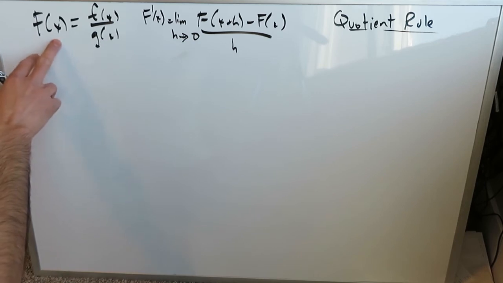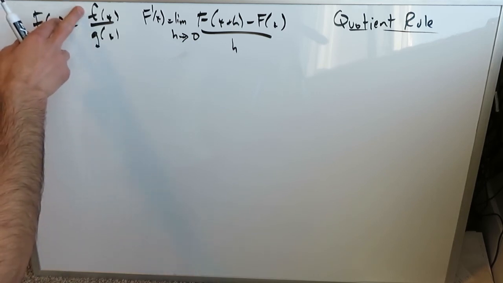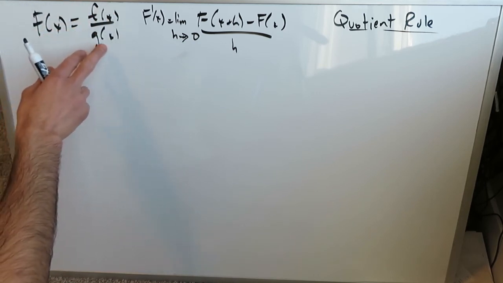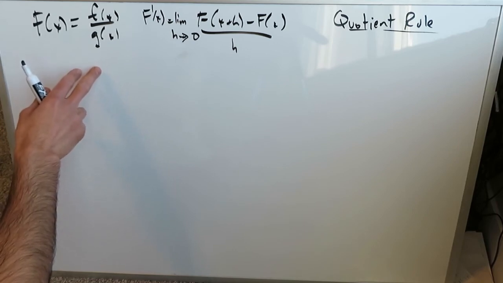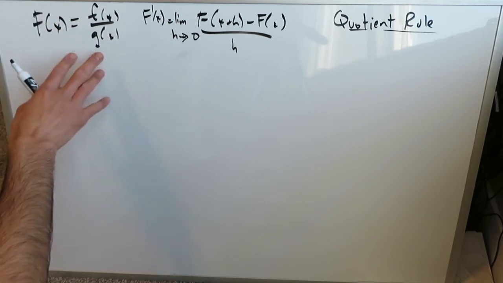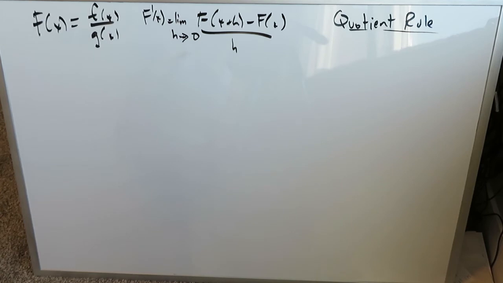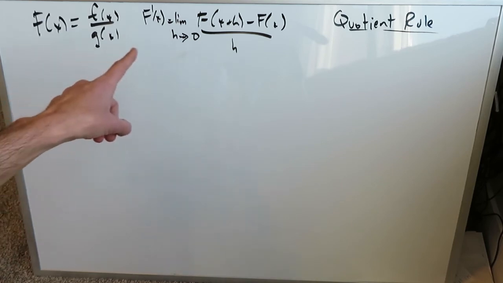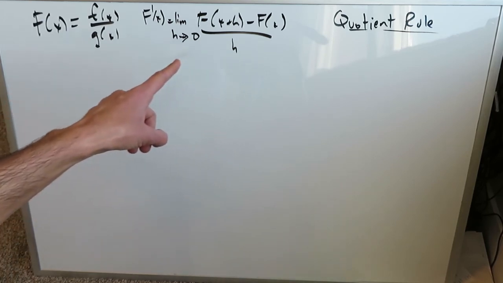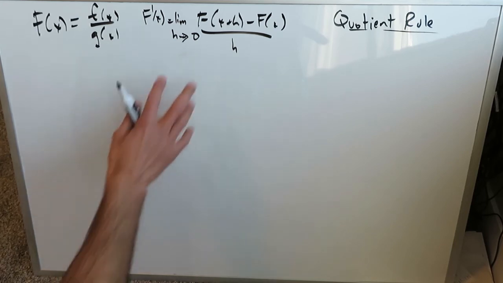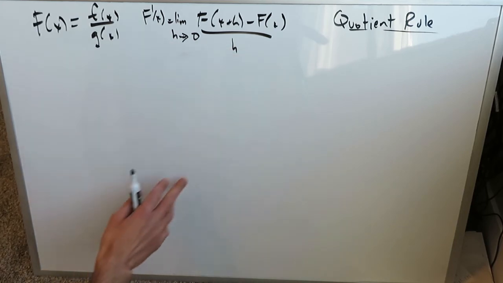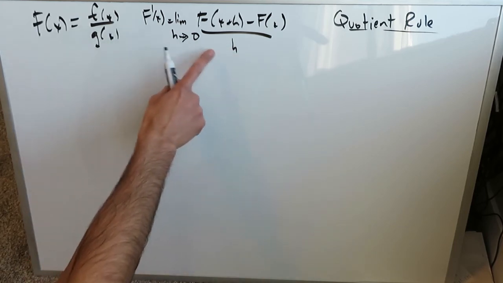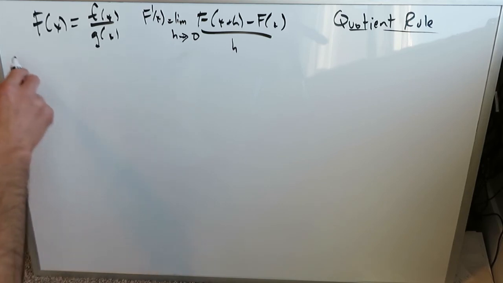This capital F of x represents a rational function of lowercase f of x and lowercase g of x. Remember, terminology and presentation matter here. So if you're finding the derivative of this, you represent it using the basic definition of the derivative, and everything starts from this point onwards. The limit as h approaches 0.